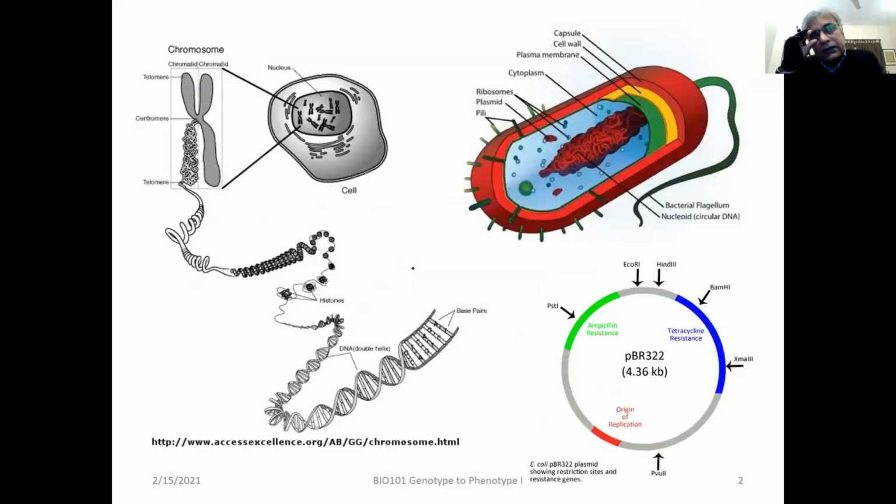As I said, in the last few lectures you have already learned that within living cells, the genetic information is stored in the form of DNA. This is a bacterial cell, a prokaryote. This is a eukaryotic cell.